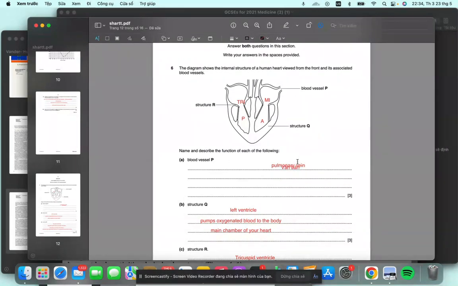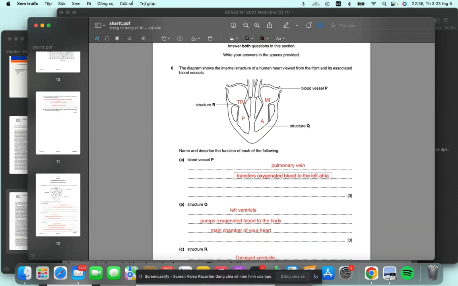It transfers oxygenated blood to the left atrium.